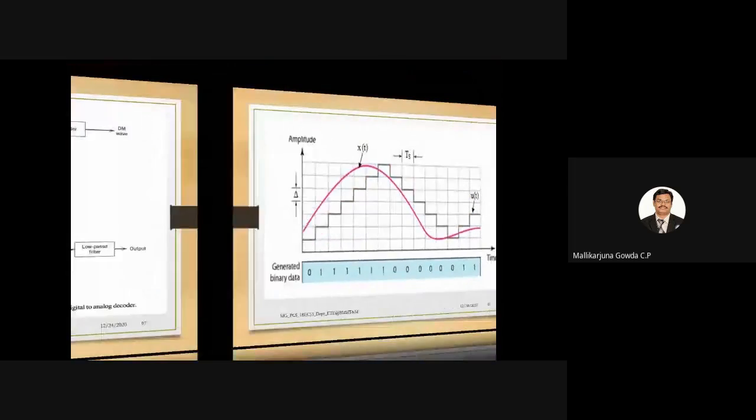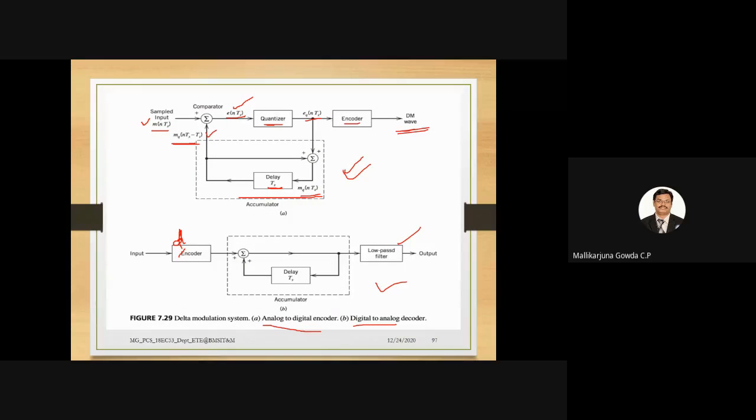If this is done, then I need not again say what the delta modulator will have. It is all just an explanation of what I have told there. I said Ts is the sampling period, and e of nTs is the error signal, that is, the output of the comparator, right?